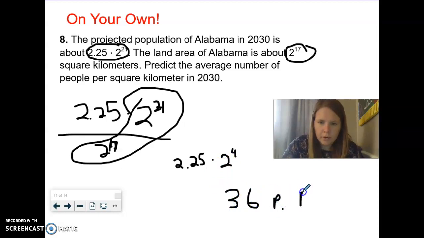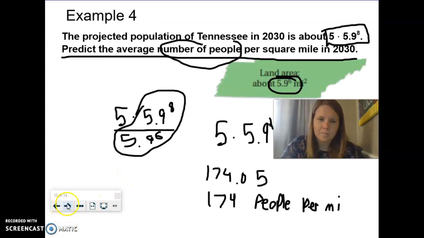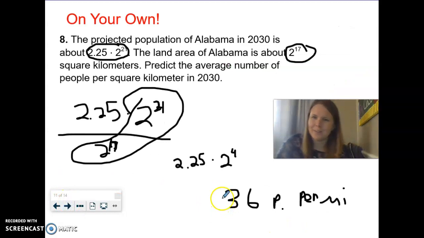People per mile. So there's a lot fewer people in Alabama than there are in Tennessee. Because in Tennessee, you've got about 174 people per mile. Alabama, only 36 people per mile.